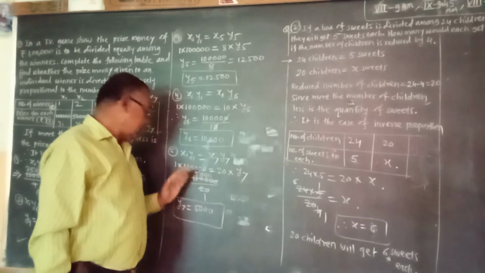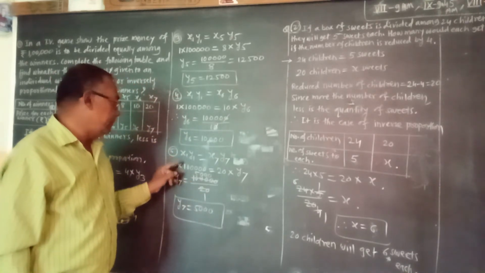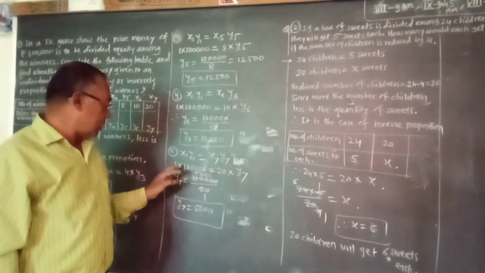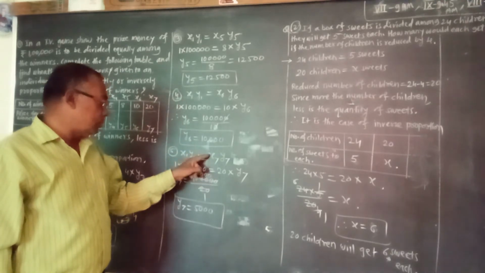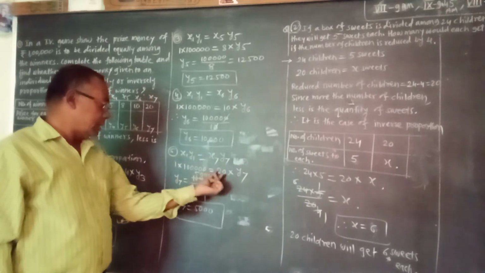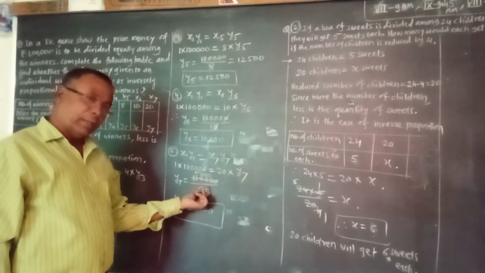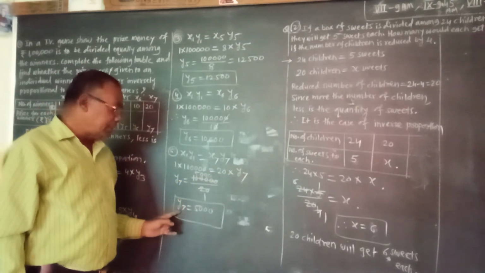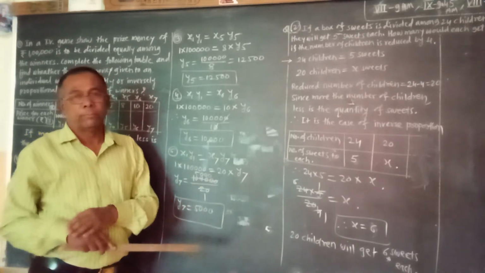And now in the fifth case we see x1 y1 is equal to x7 y7, or 1 into 1 lakh is equal to 20 into y7. Dividing 1 lakh by 20 we get y7 is equal to 5,000 rupees.